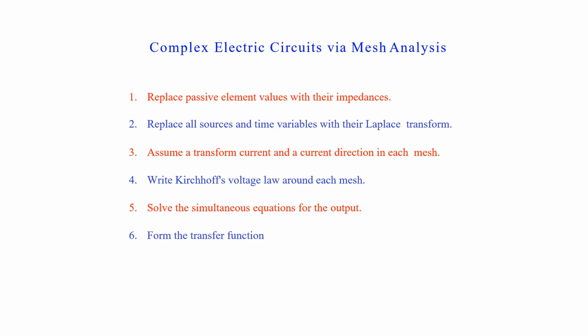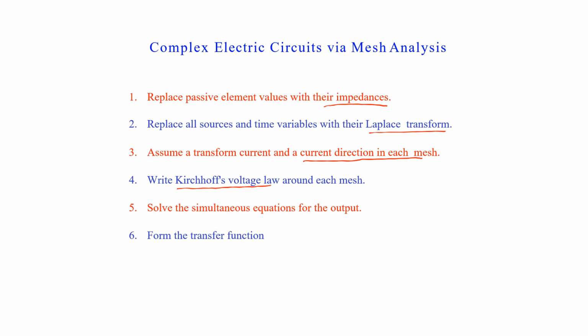To apply the previous procedure to model complex electrical circuits via mesh analysis, we will firstly replace the passive elements with their impedances, and then we will replace all sources and their time variables with their Laplace transform. And if we have more than one mesh, then we will assume a current direction in each mesh, and after that we will write Kirchhoff's voltage law, or KVL, around each mesh.